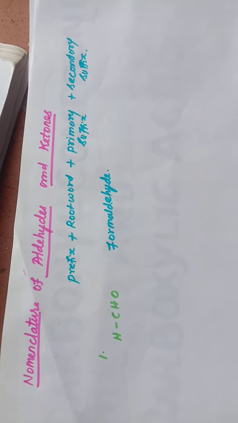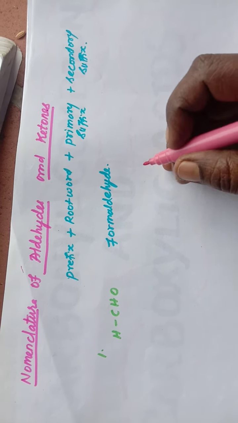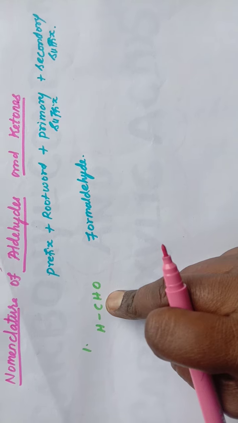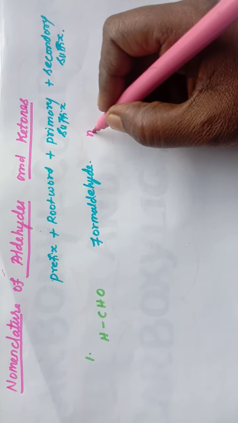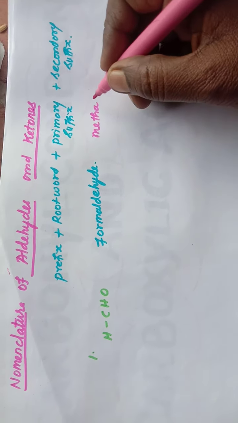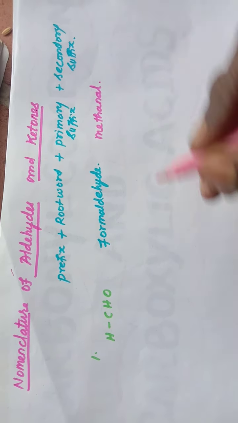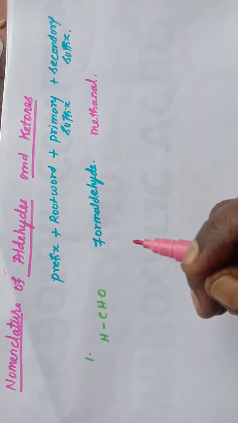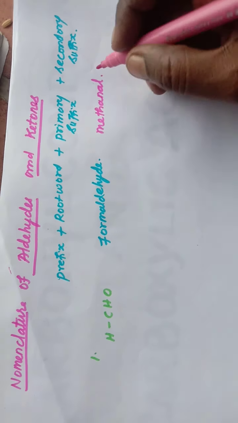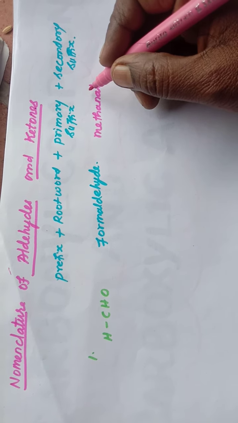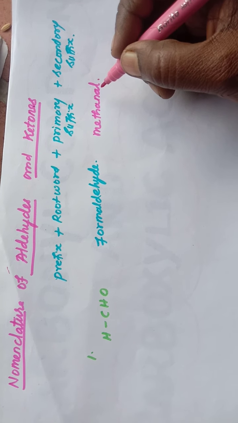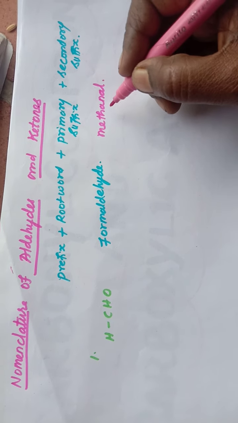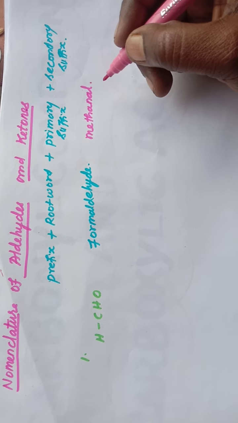IUPAC name: only one carbon is present here, so the name of this compound is methanal. We know if an aldehyde group is present, the name should end with 'al'. Remove the 'e' from the parent hydrocarbon and substitute the letters 'al'. So the name of this compound is methanal.